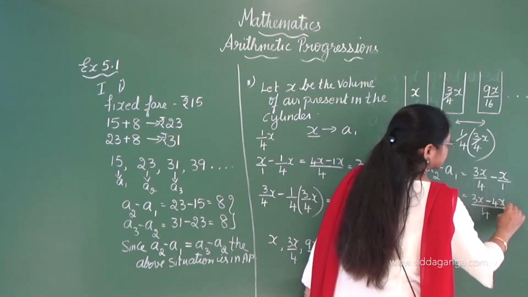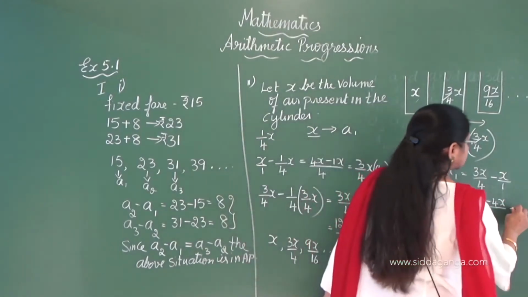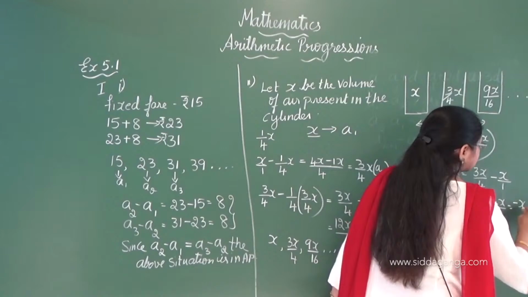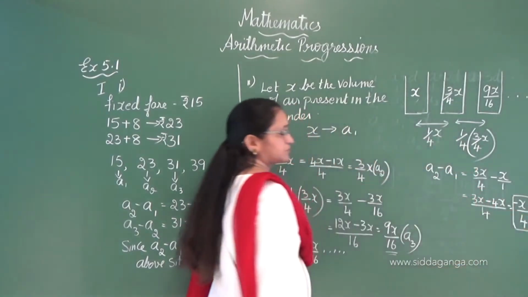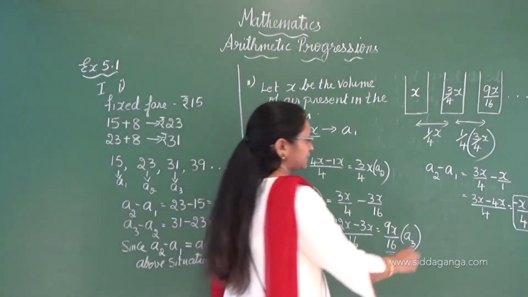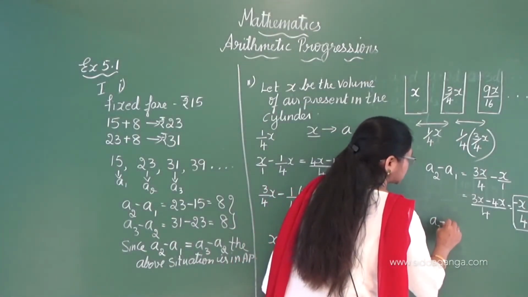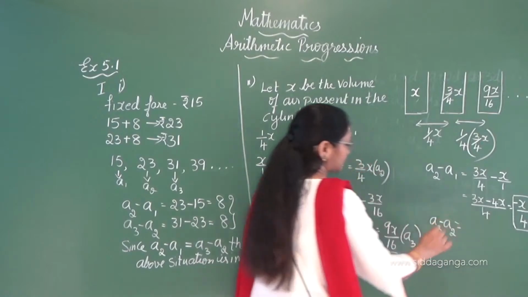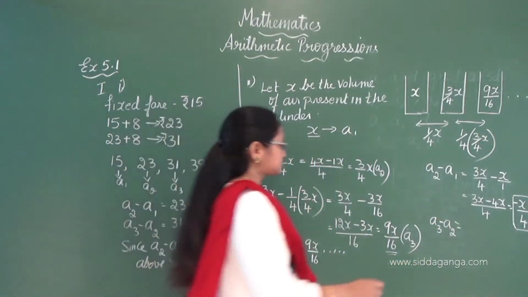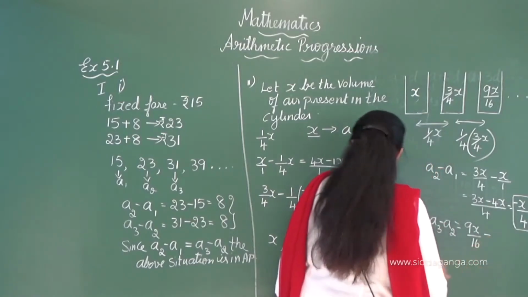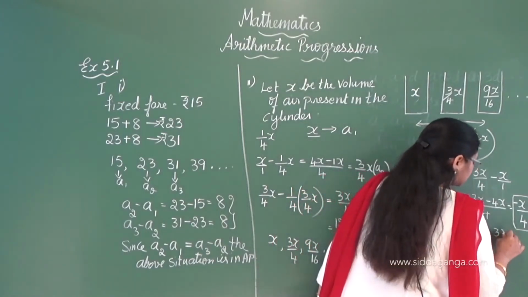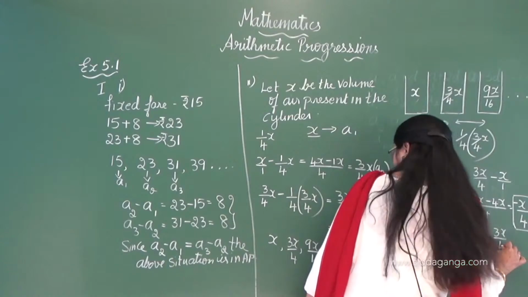So this will give you minus x by 4. Next we will find out A3 minus A2. A3 is 9x by 16 minus 3x by 4.